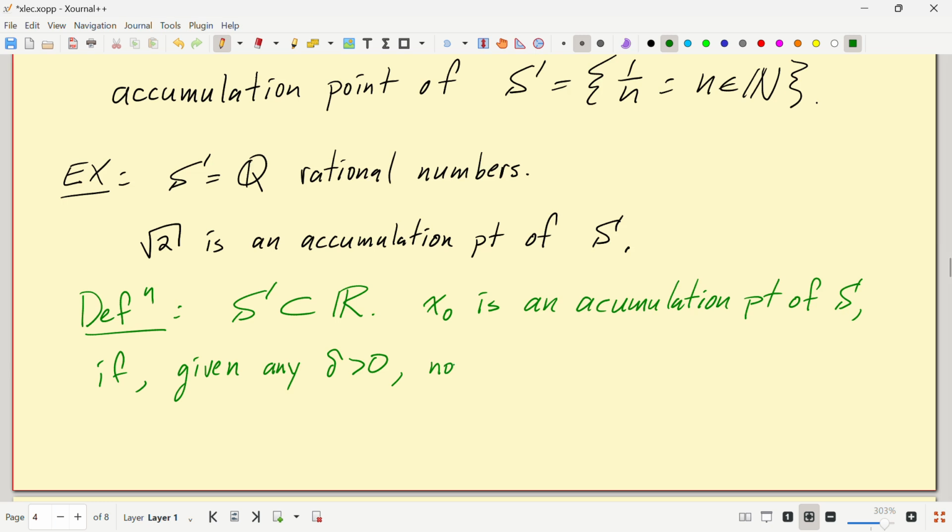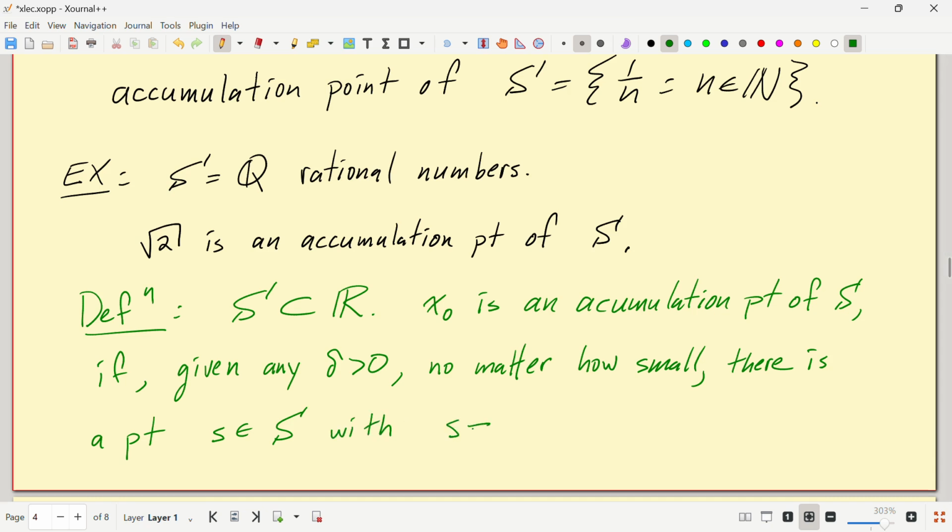No matter how small, there's a point s in S with s different from x naught, such that |s minus x naught| is less than delta.